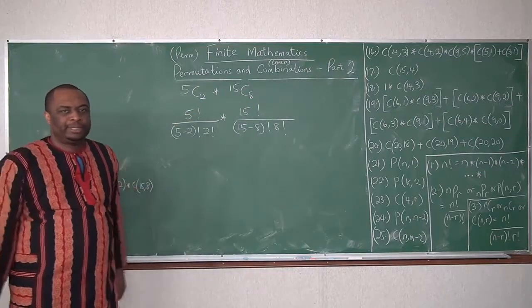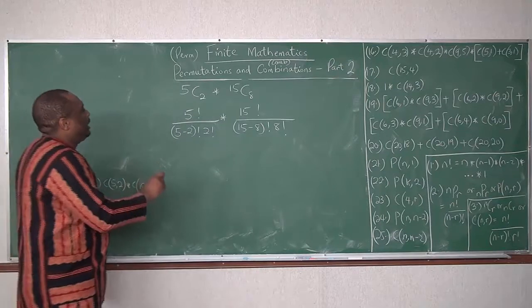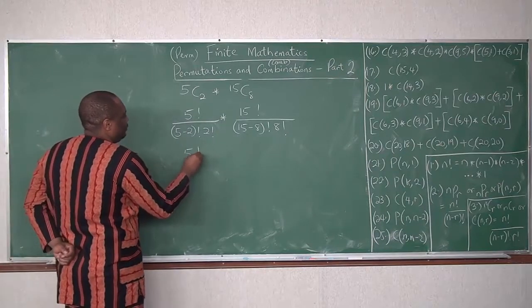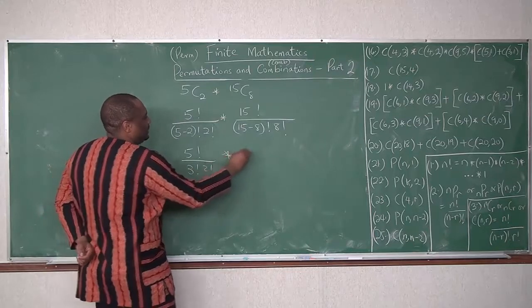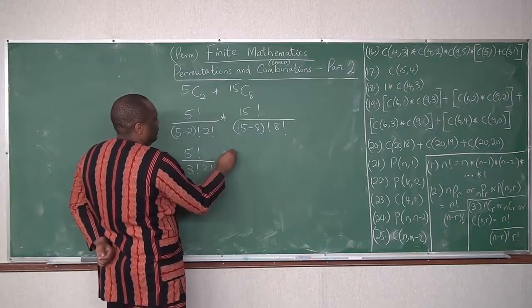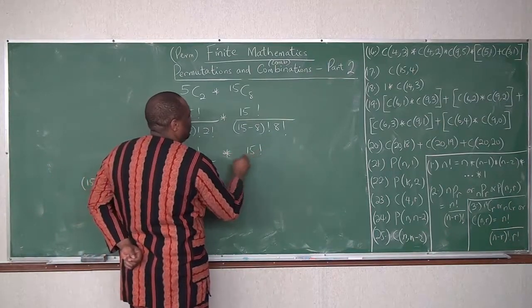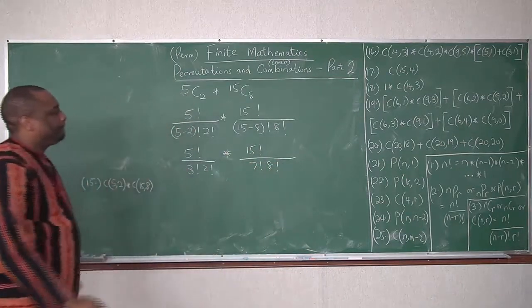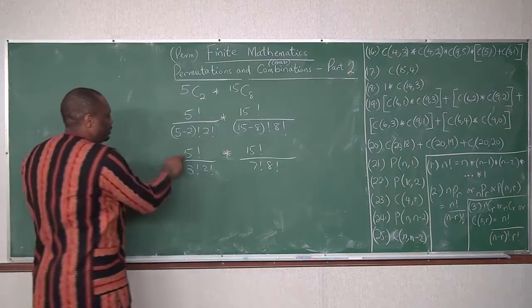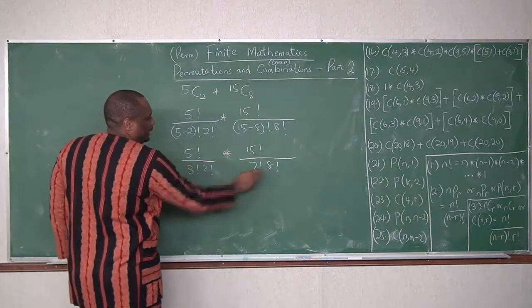So this will now be 5 factorial over 3 factorial 2 factorial, times 15 factorial over 7 factorial 8 factorial. Right? We'll stop at 3 here and at 8 here.